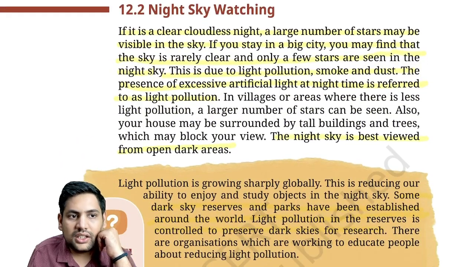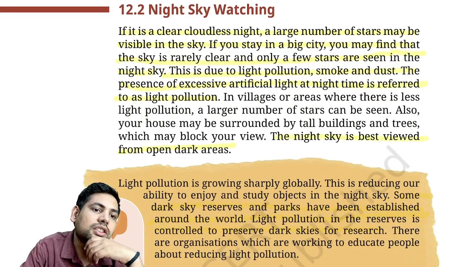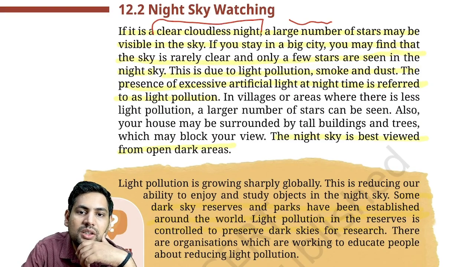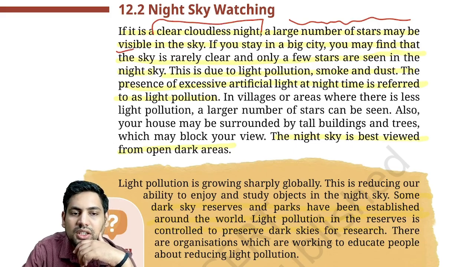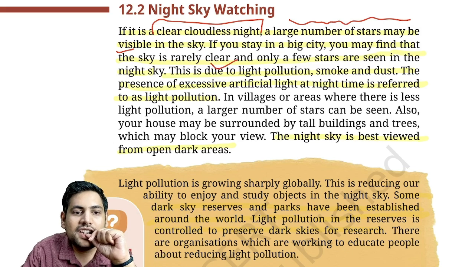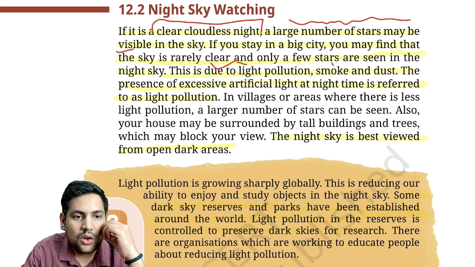Now we come to night sky watching. Okay, so if it is a clear cloudless night, then a large number of stars may be visible in the sky. If you stay in a big city, you find that the sky is rarely clear. Welcome to Bangalore. And only a few stars are seen in the night sky. This is due to, as we talked about, light pollution, smoke, and dust.